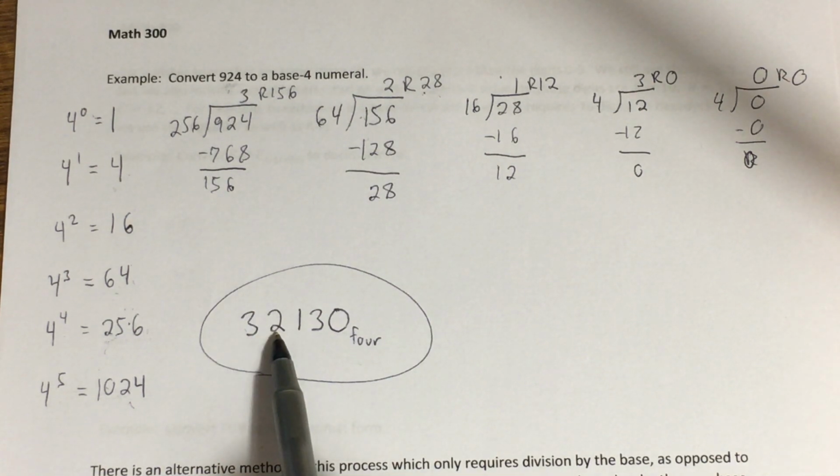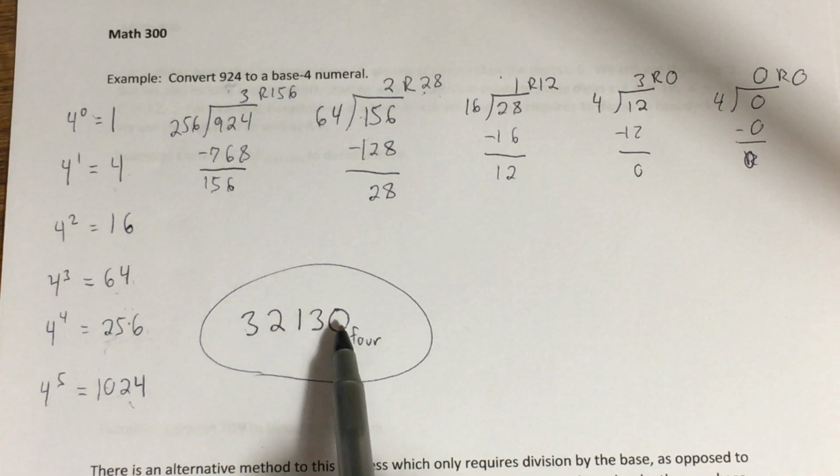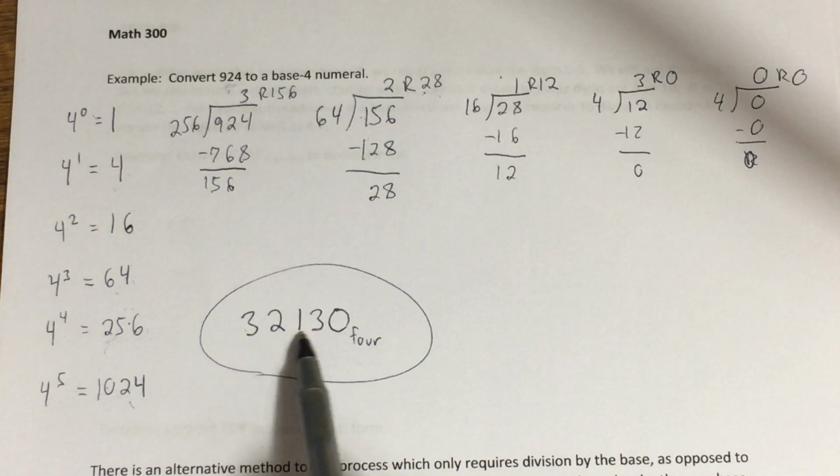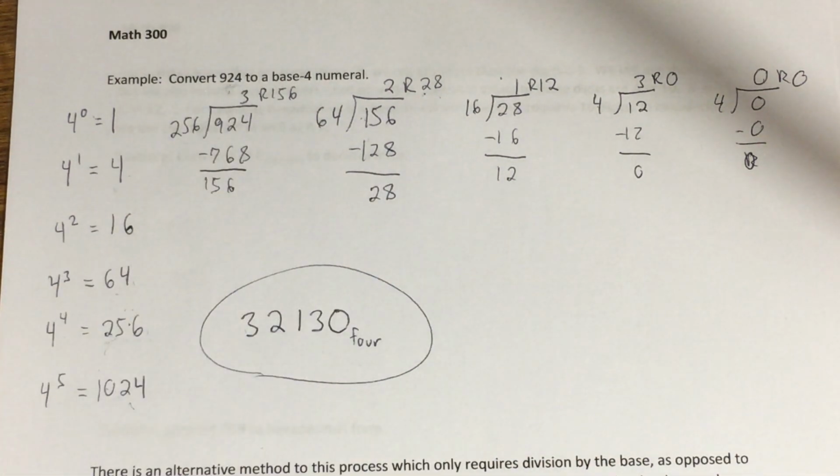This is the 64's place, so 2 times 64, 1 times 16, 3 times 4, 0 times 1. Multiply the face value of each digit by its place value, which I can see in this list. If I added all of that up, I should end up with 924. I'm going to leave that to you to check, and it's a good exercise because it's always good to know how to check if you got something right or wrong.